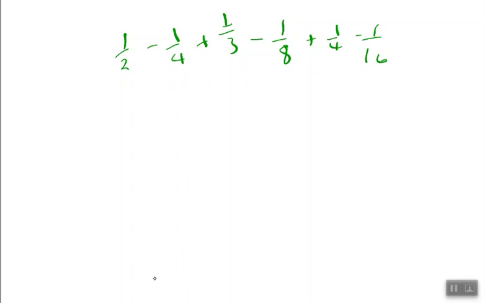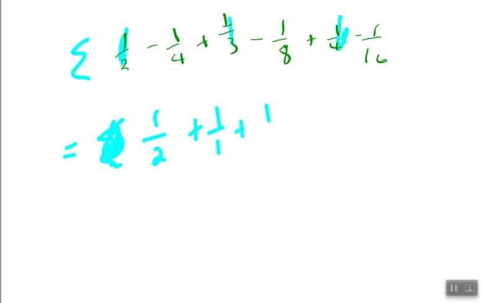So if I actually look at these, this is the exact same thing as the sum of 1/2 plus 1/3 plus 1/4. And the next term is obviously going to be 1/5.